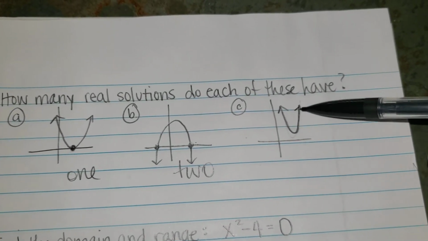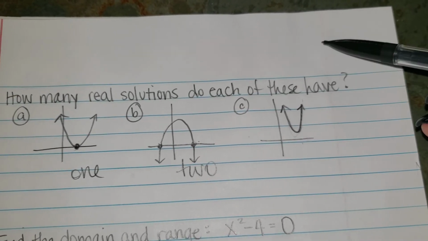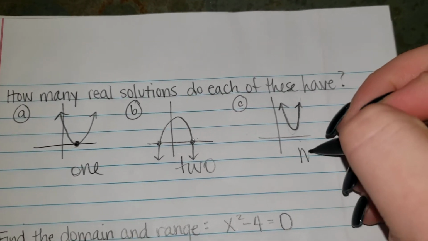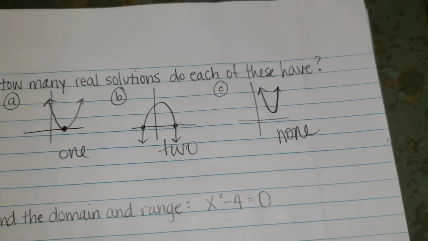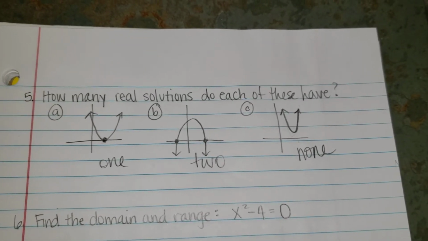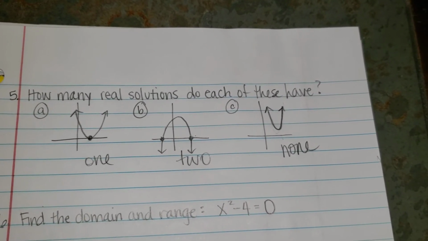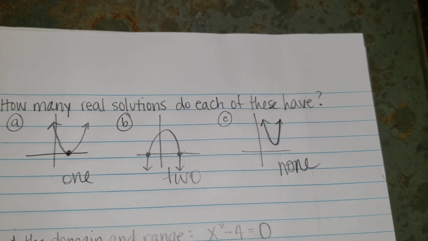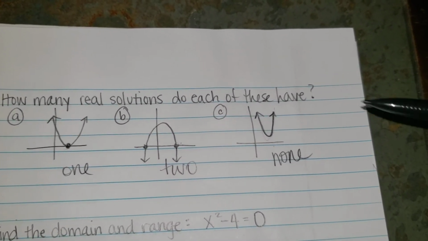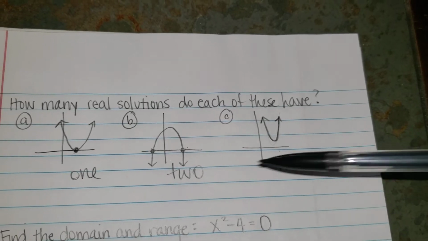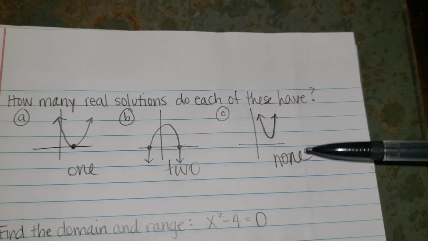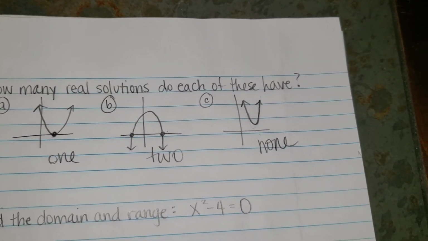And because this one is above the x-axis and opens upward, it's not going to have any solutions. That is something we will use later. I'm hoping that you can piece that part together with how we've talked about what an x-intercept is and how it's a solution. So you do need to know this, but we'll start using this a little bit later.